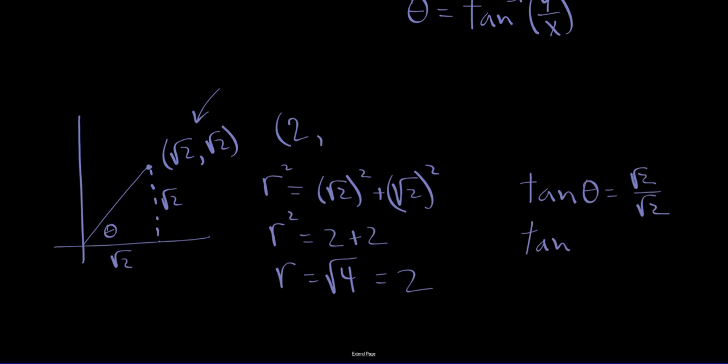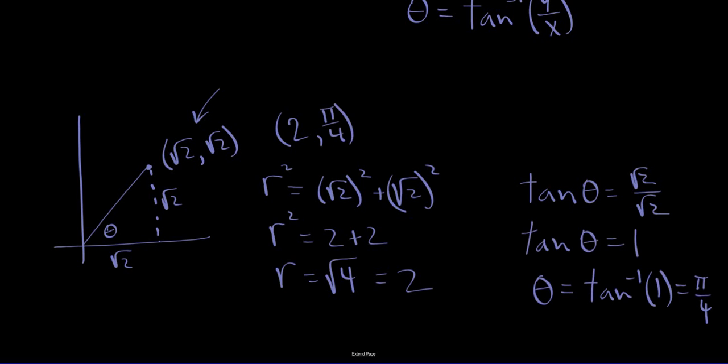So we've got tangent theta equals 1. Now I say theta is equal to inverse tangent of 1, which is equal to pi over 4. So now we have the equivalent polar form of the square root of 2, square root of 2: we have (2, pi over 4).